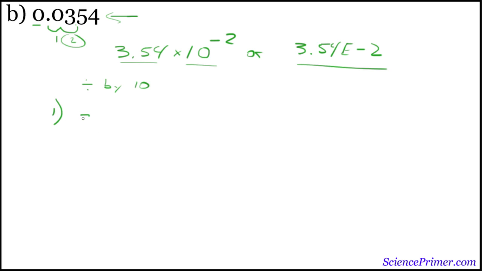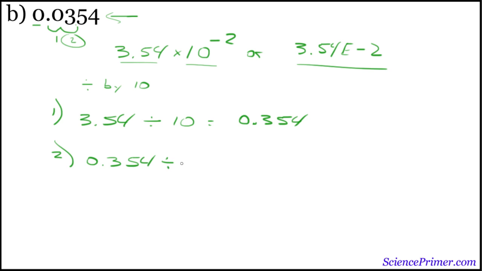First division by 10, 3.54 divided by 10 equals 0.354. Do it a second time. 0.354 divided by 10 will equal 0.0354. And so just by dividing the decimal fraction by 10 2 times, we've gotten back to the original number.